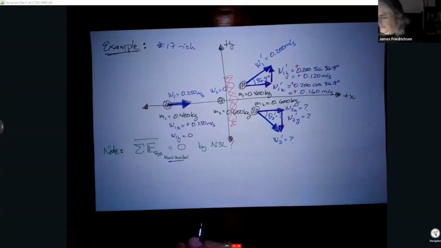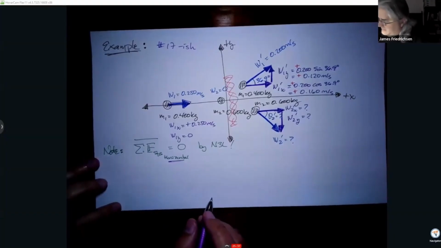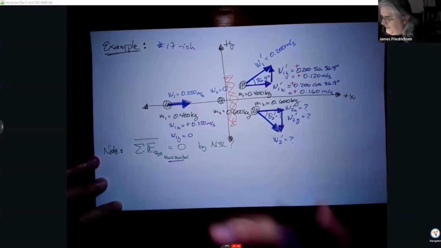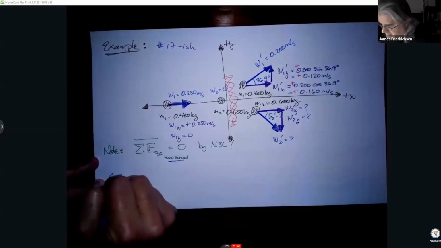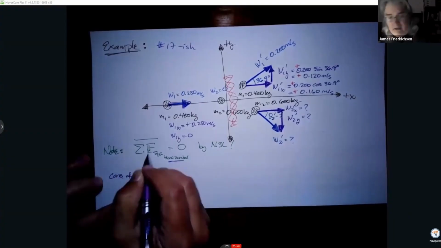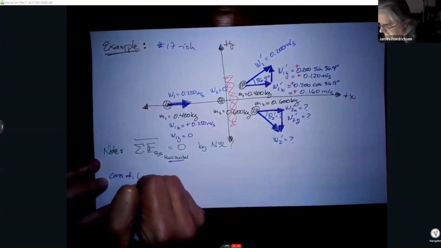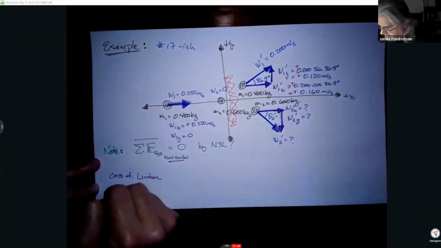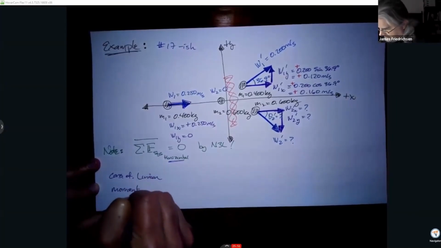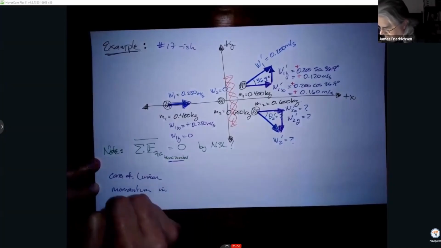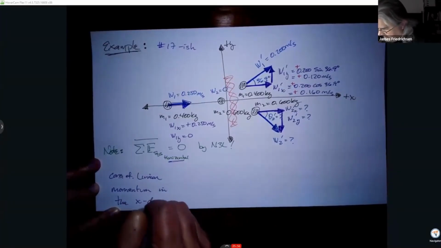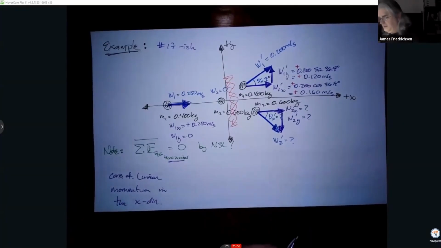So let's go in and take a look at this. I think I do one and I'll have to go to the other page. Conservation of linear momentum in the x direction.